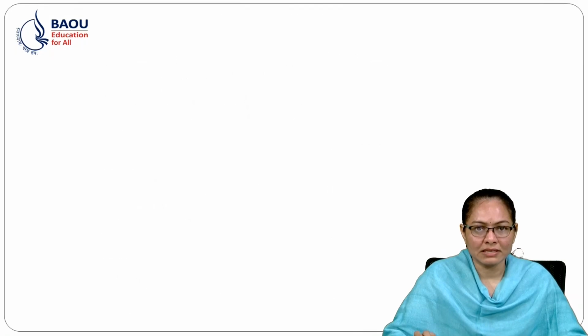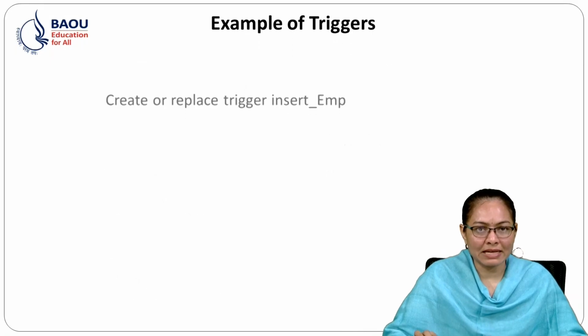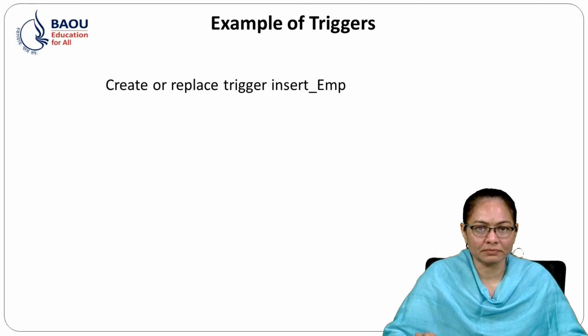Now see one simple example of creating a trigger. Create or replace trigger, then the trigger name, insert employee. It means this trigger is created for when we insert data into the employee table. It will display a message whenever we insert new rows into the employee table.